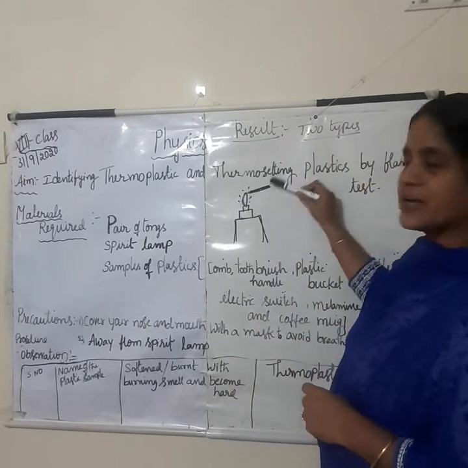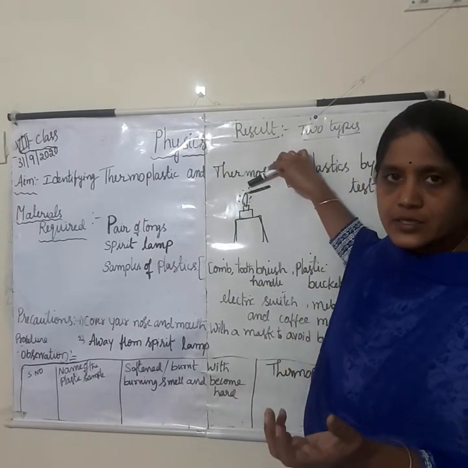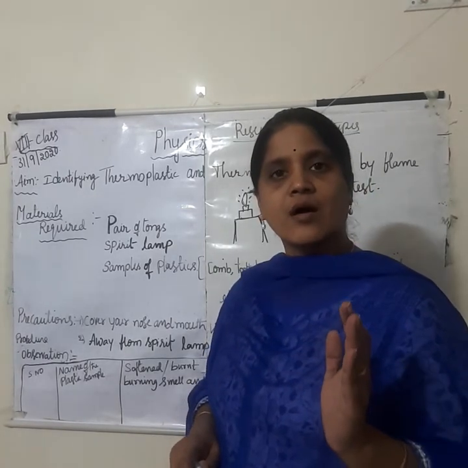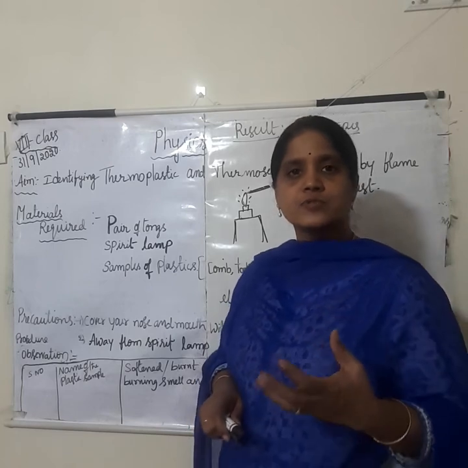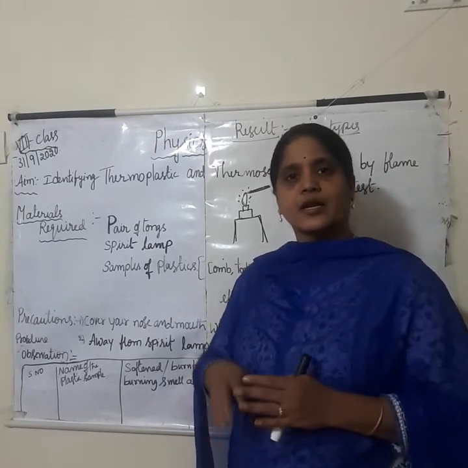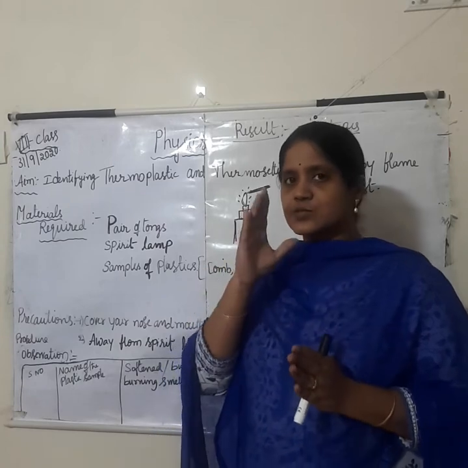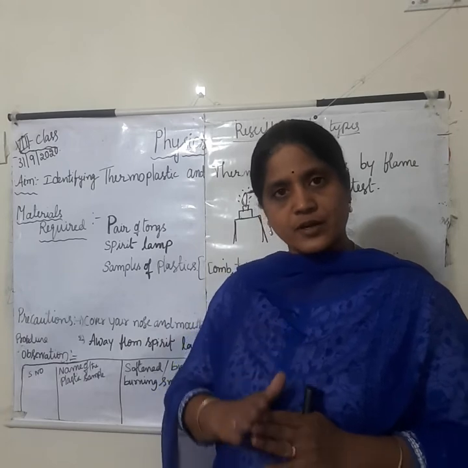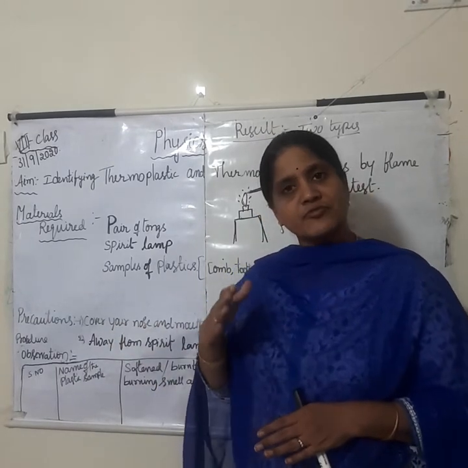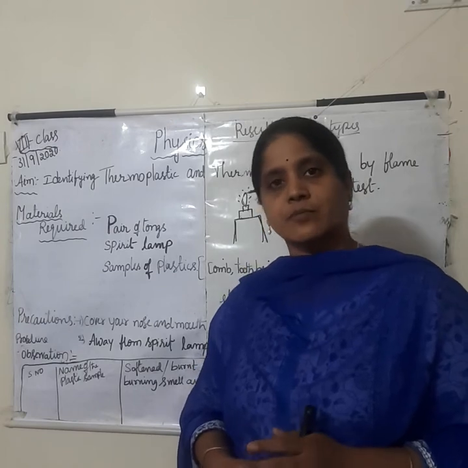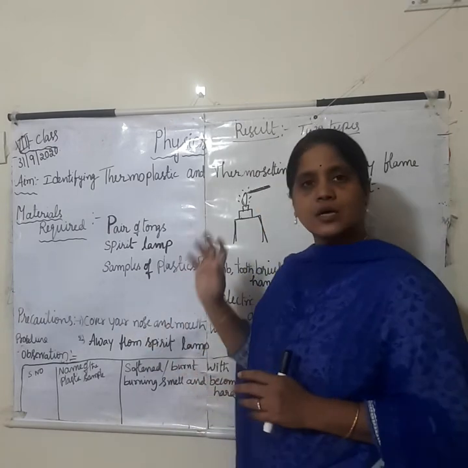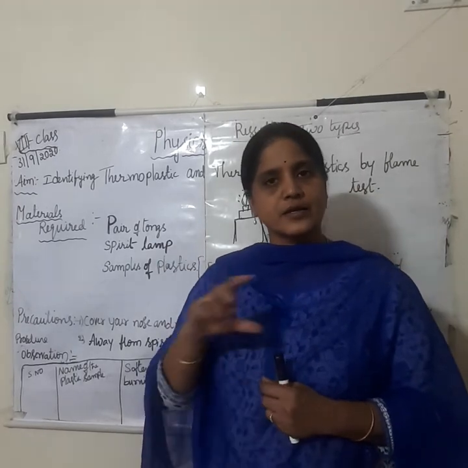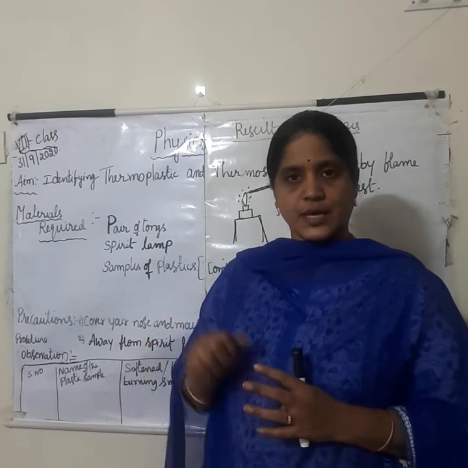Hold the plastic item with the tongs and burn it, and observe whether the plastic item is softening or becoming hard, and the fumes smell. Observe whether it becomes soft or hard while burning. If it is soft, it comes under thermoplastic. If it turns very hard, it comes under thermosetting plastic. Burn all the items and observe, and write all your observations in tabular form. So this is about the procedure.